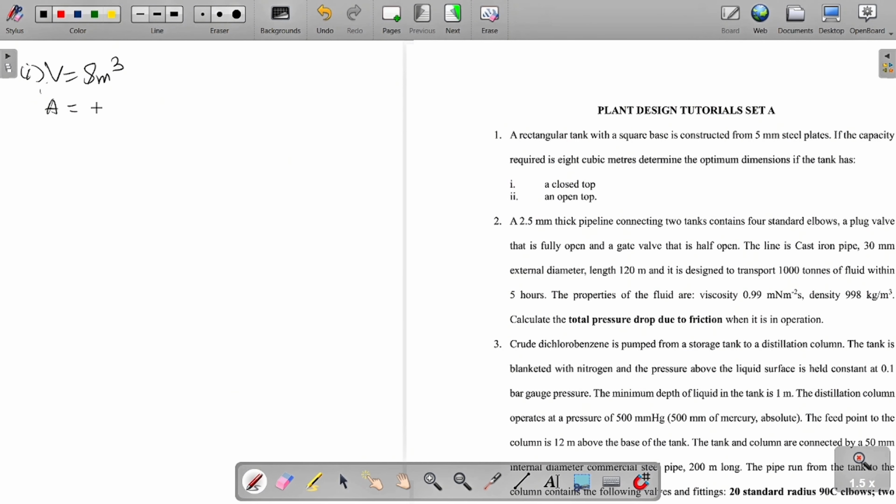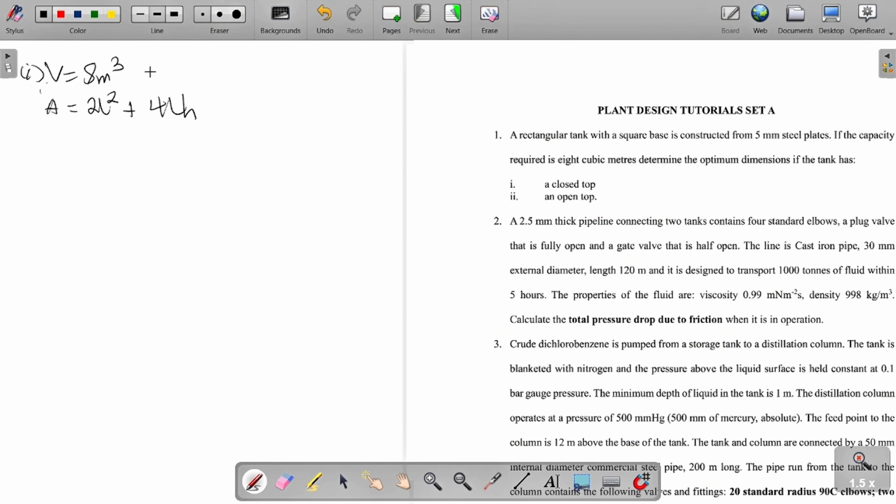But we have two of them, the base and the top, so that becomes 2L squared. Then we have four sides, apart from the top and the base, where the area is the length times the height. We have four of them, so it's 4 times the length times the height.